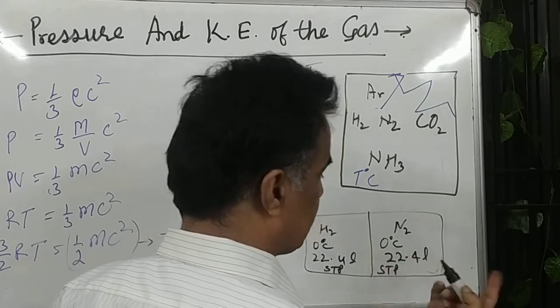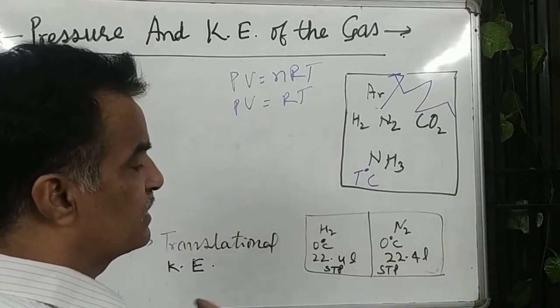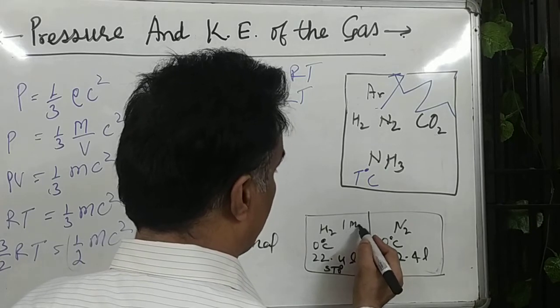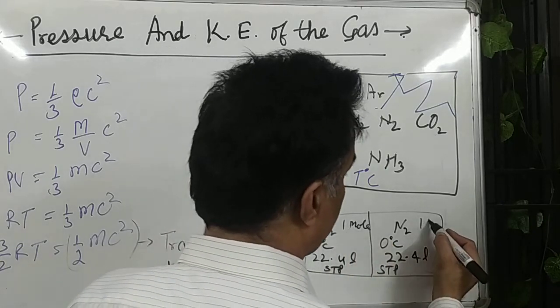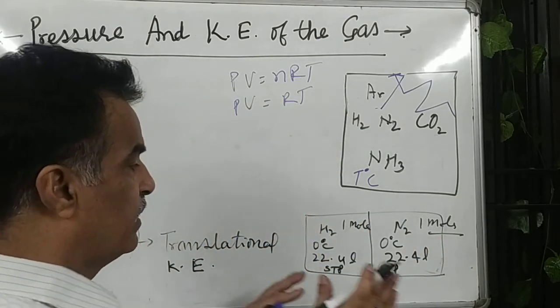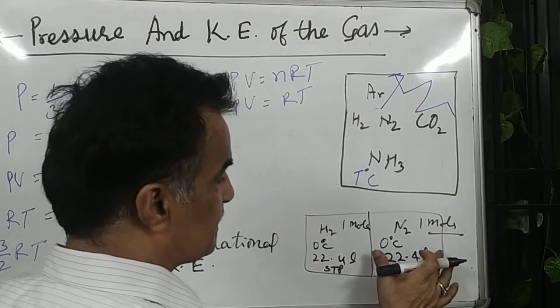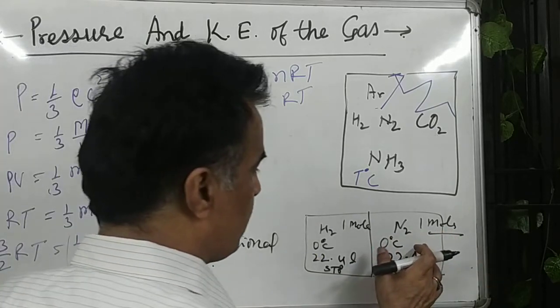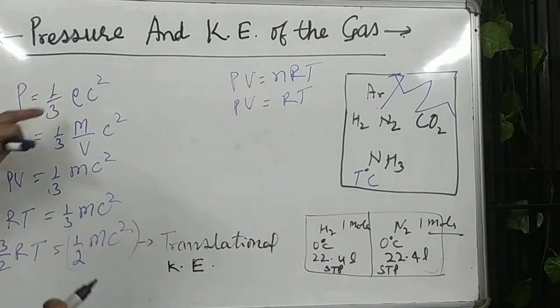It is very clear that the nitrogen gas mass will be more, so density will be more, and there will be more pressure.